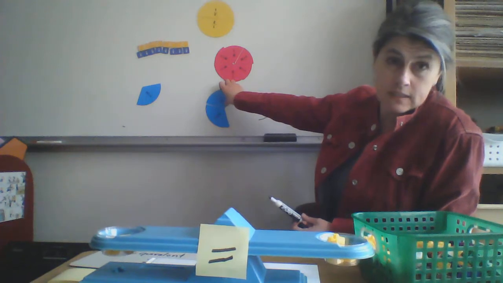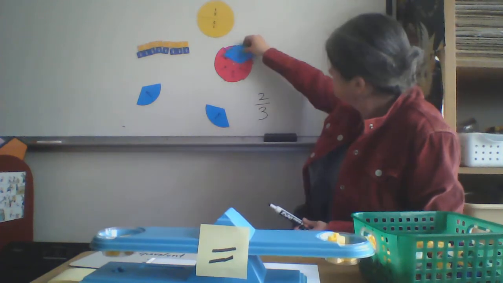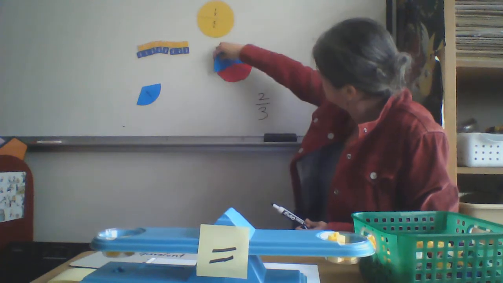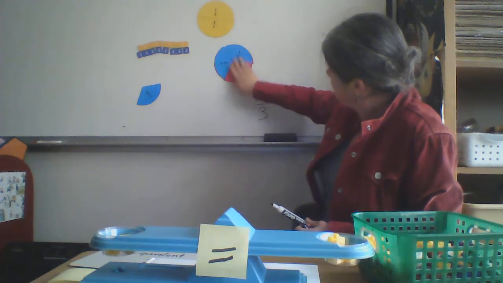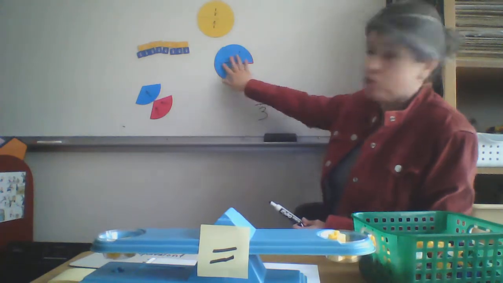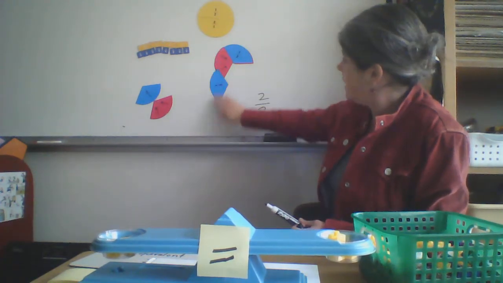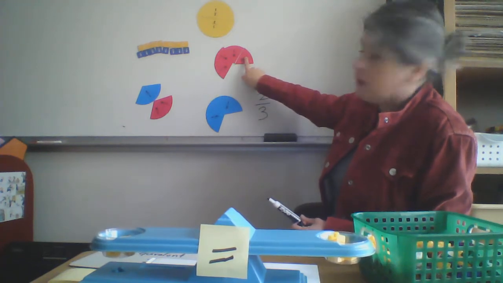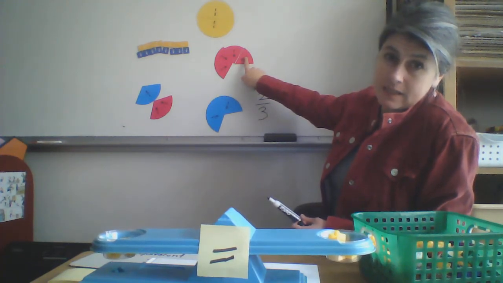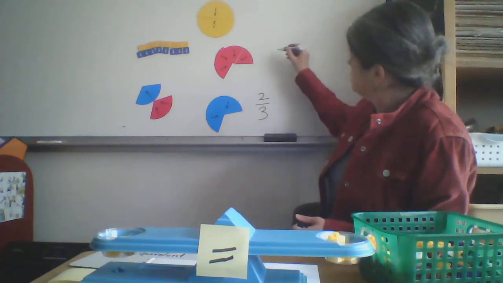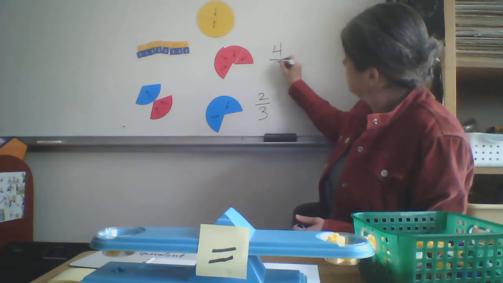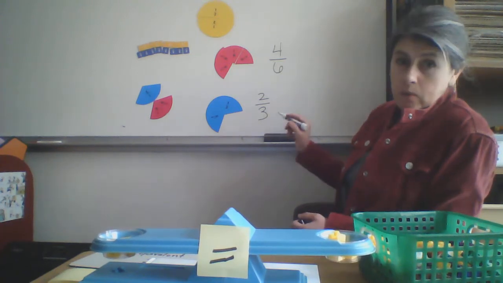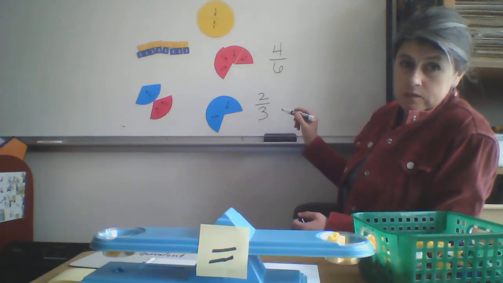Well, I have these nice magnets, so I'm going to use them. Okay, I have just proven to you with pictures that 4 out of 6 is the exact same as 2/3. Okay, they're the same. My equation, if I didn't have pictures, would be this.